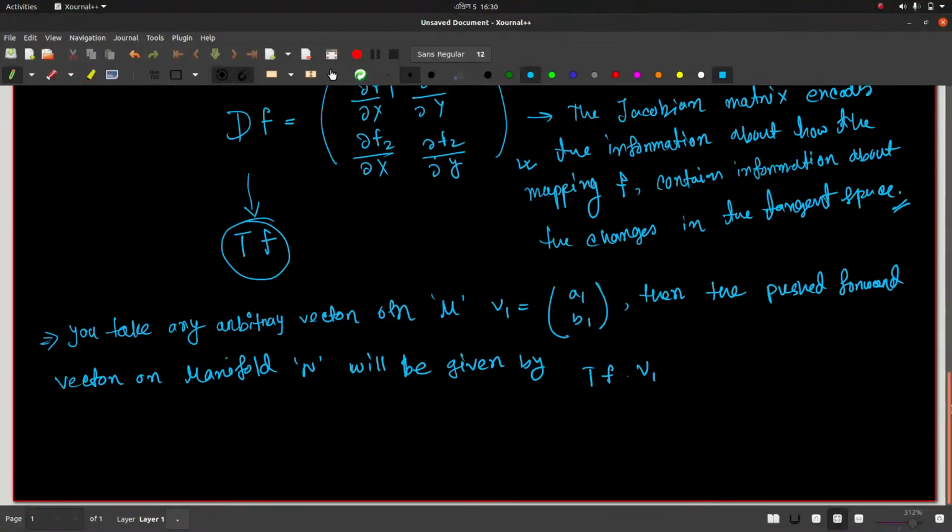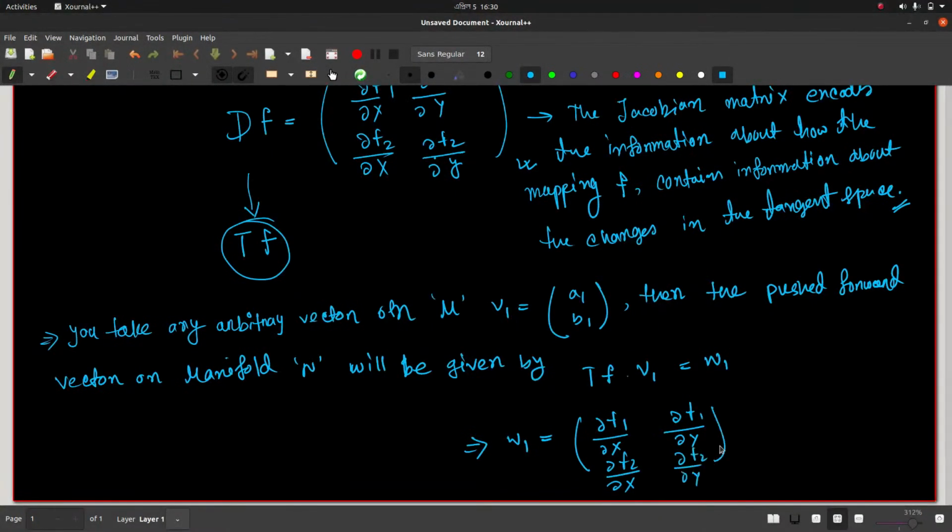That means you can find out the new vector, let's call that w1, if you just multiply this. And obviously this vector v1 will be at a point P. However, this w vector will be at a point f of P.